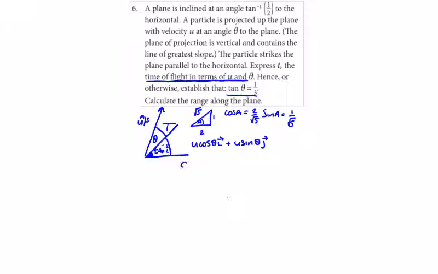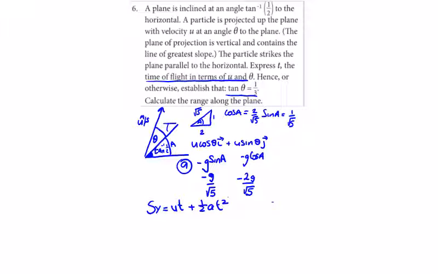My acceleration in the i direction is going to be minus g by the sine of A, we call this angle A here, which is minus g over root 5. And in the j direction, we're going to have minus g by the cos of A, which is minus 2g over root 5. So for the time of flight, we use s of y, which is ut plus a half at squared.